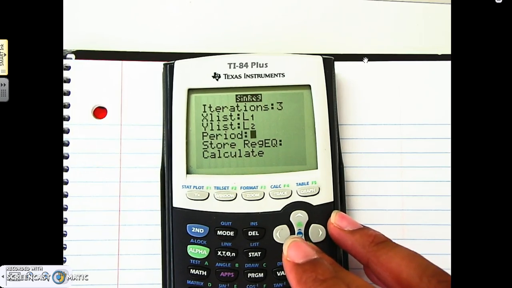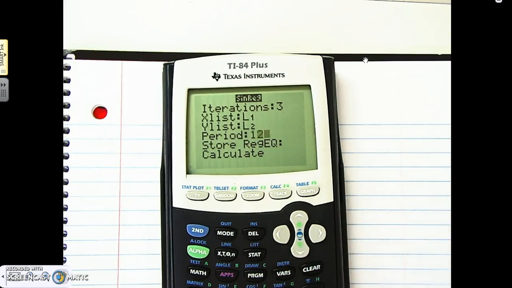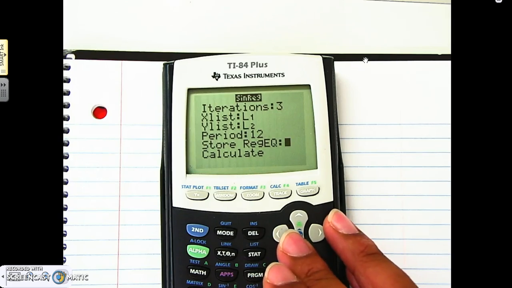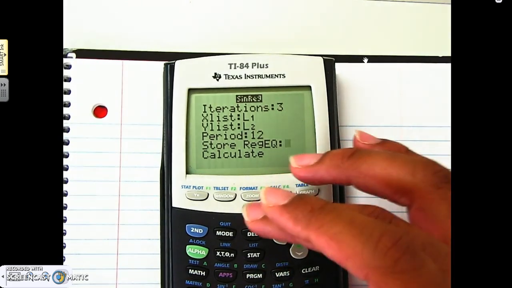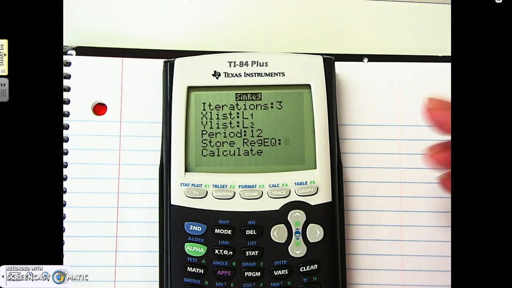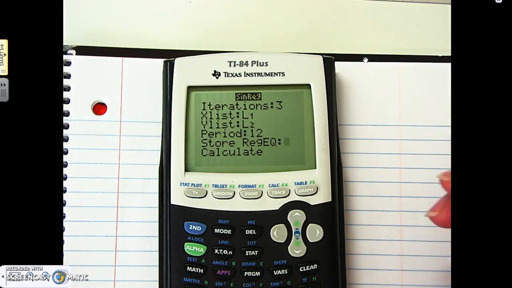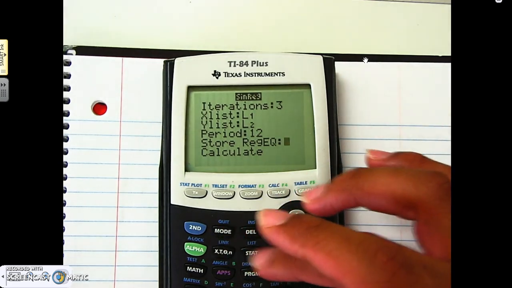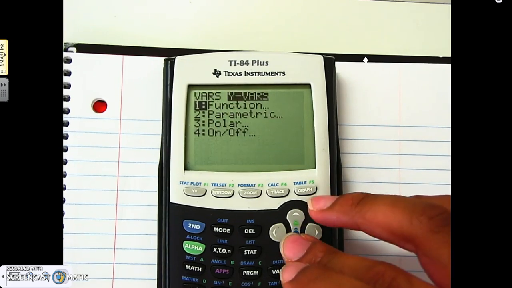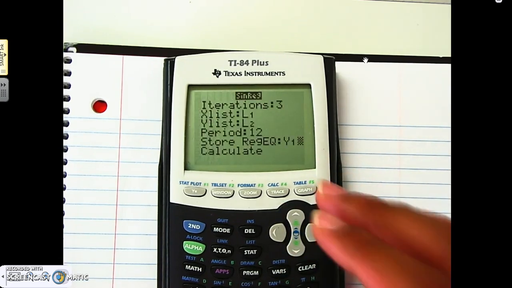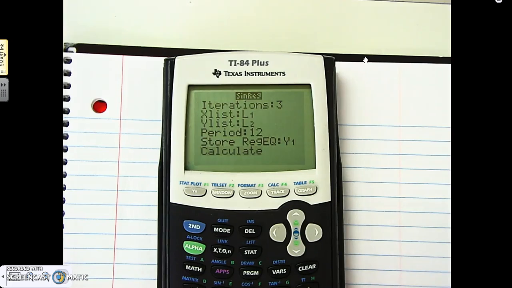The period, we know is 12. We're going to store the regression equation in Y1. So vars, to the right, 1, 1, and calculate it.